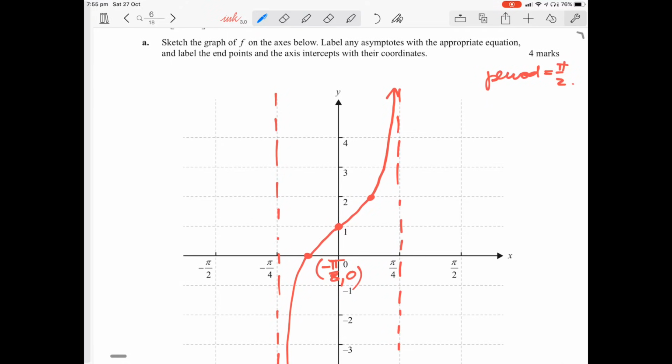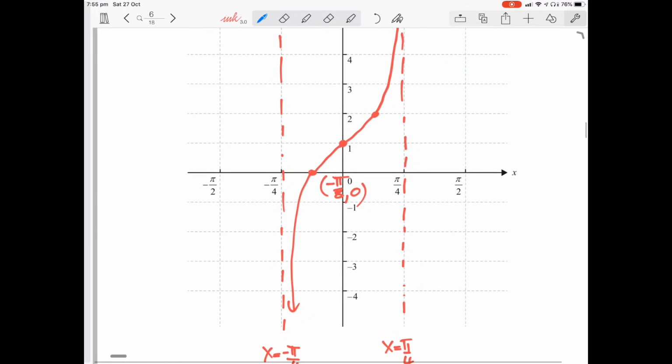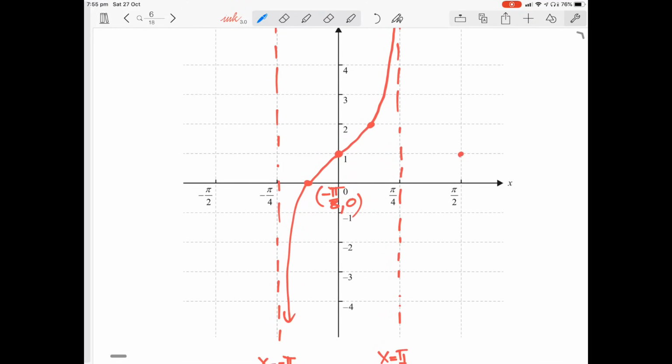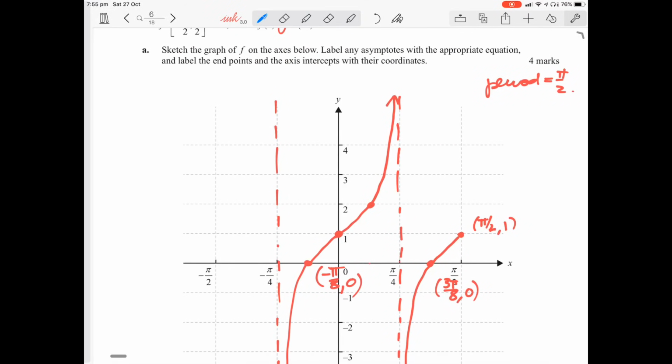Label the endpoints, axis-intercepts for their coordinates. So there's your axis-intercept. Okay, over here, that's going to be pi on 2, 1. That's going to be pi on 8, 2 pi on 8, 3 pi on 8, 0. It's going to look like that.